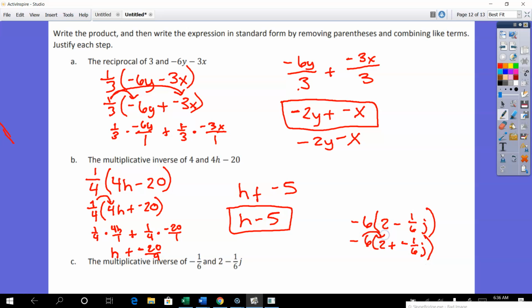Negative 6 times 2, so negative 12. I'm just not writing it out this time for sake of space. Plus negative 6 times a negative 1/6, so a negative times a negative, we have two negative signs. Therefore, that's going to be positive. And 6 times a 6th is 1, so that's just j. Negative 12 plus j is my final answer.